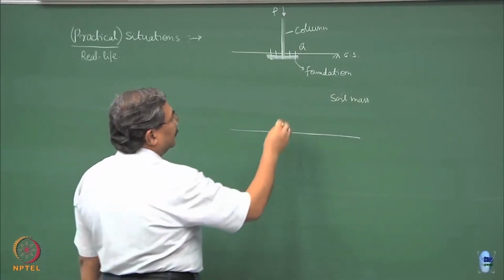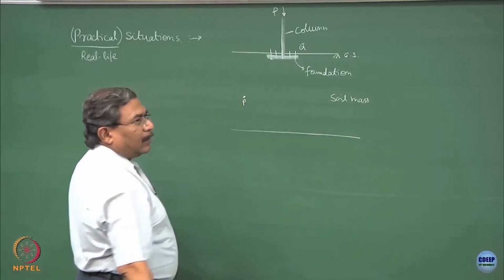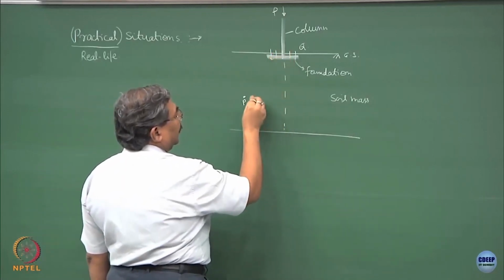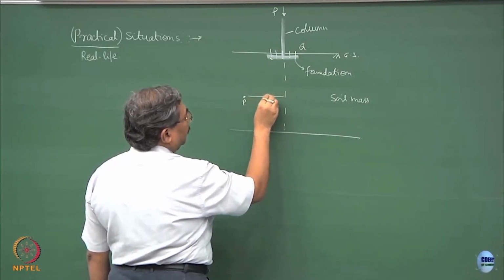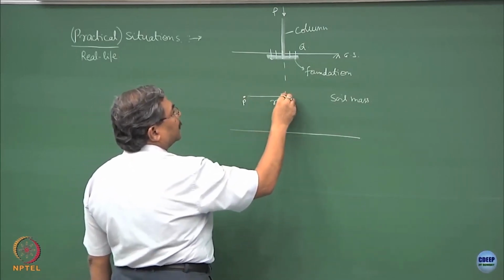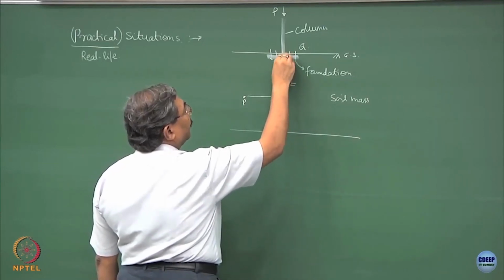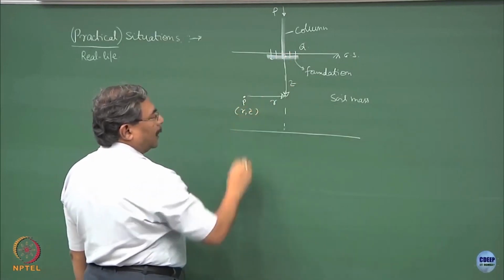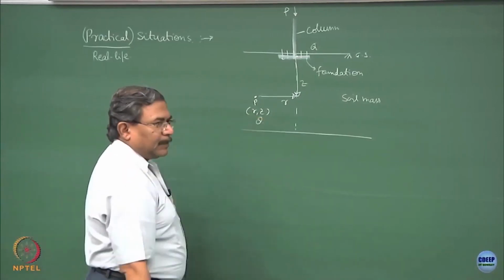I would like to understand what is the state of stress at this point P, and this point P can be defined in such a manner that I can say that this is the radial distance R, and the depth of this point is Z. So basically it has the coordinates R Z. I can include theta also here, it could be R Z and theta.